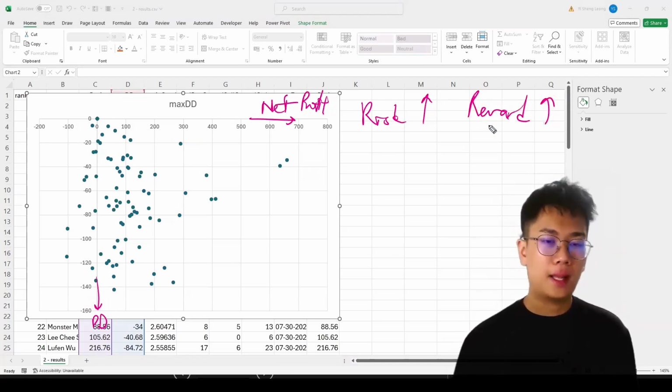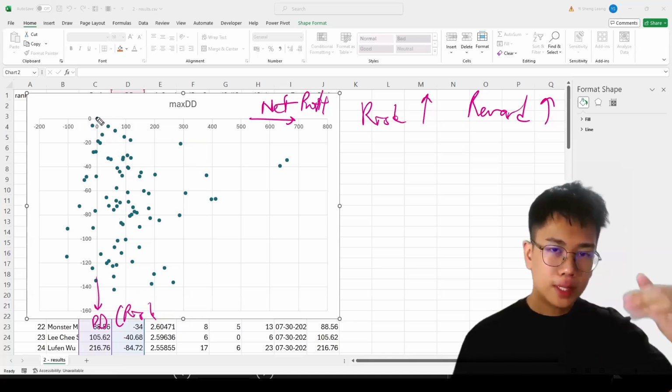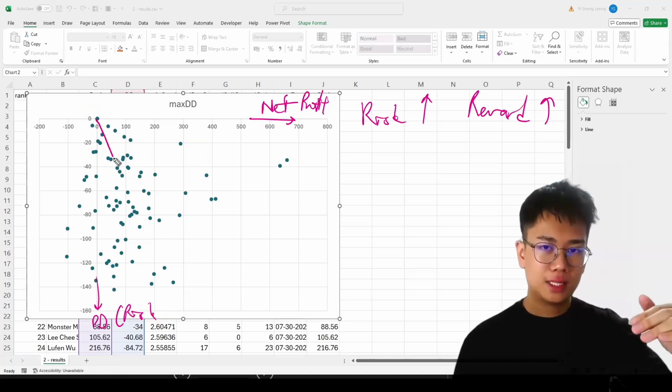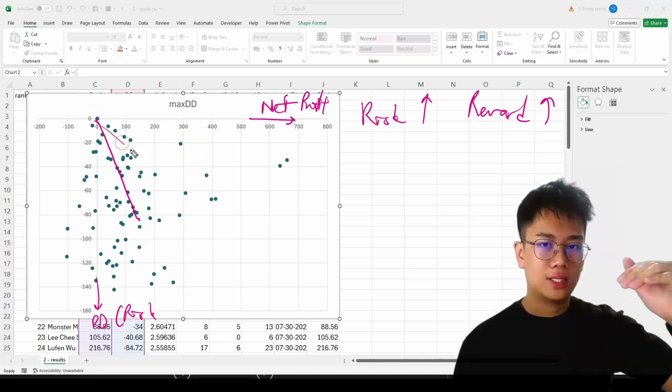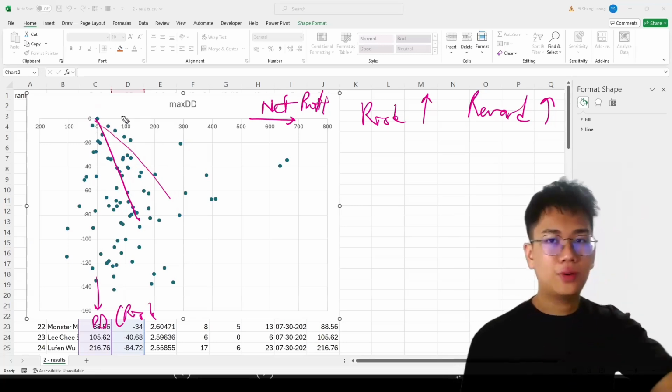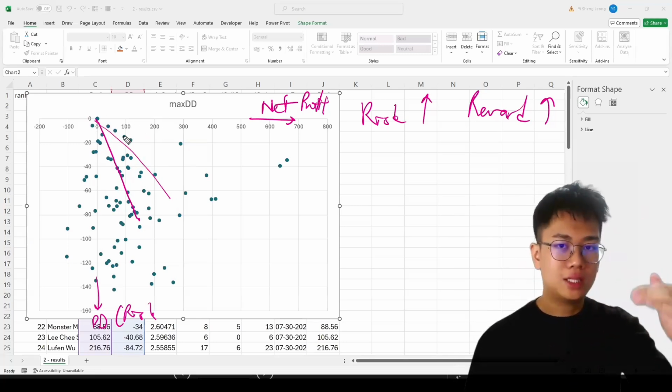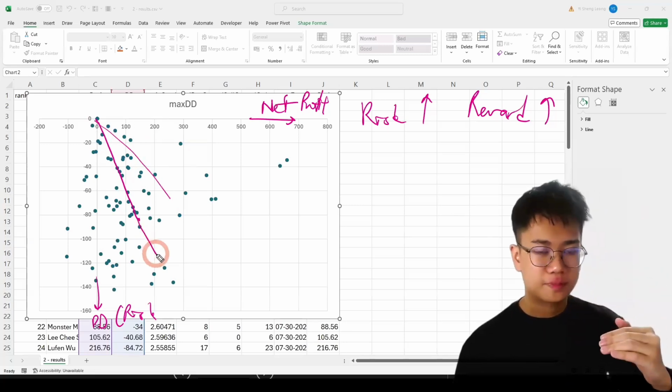And this does apply because drawdown is considered as your risk. So over here, with higher risk, indeed you can get more profit. Do you see that relationship there? The more risk that you take, the more profit that you can earn, which is indeed valid.